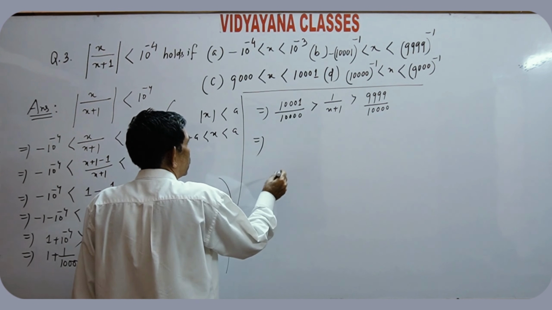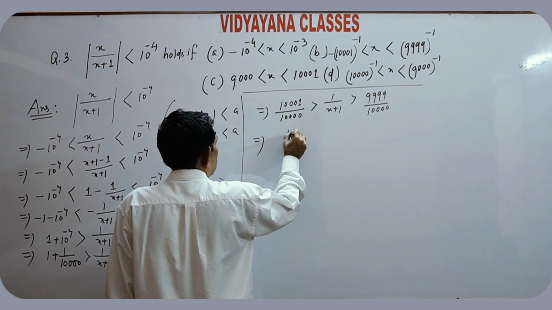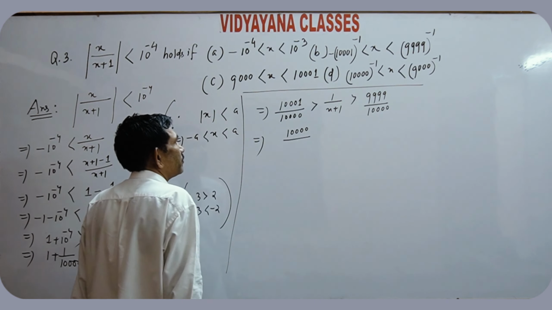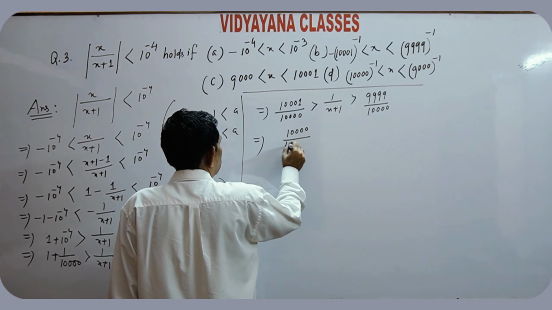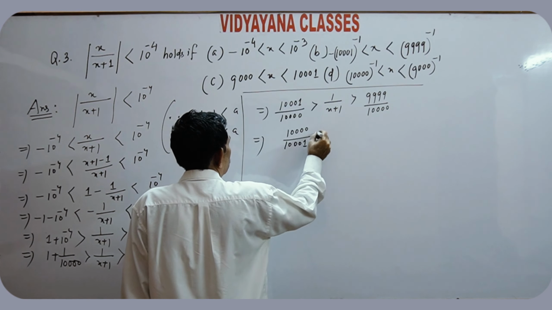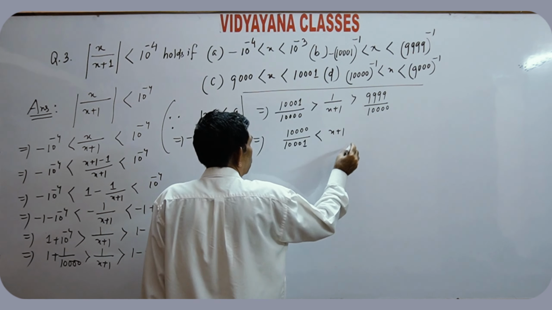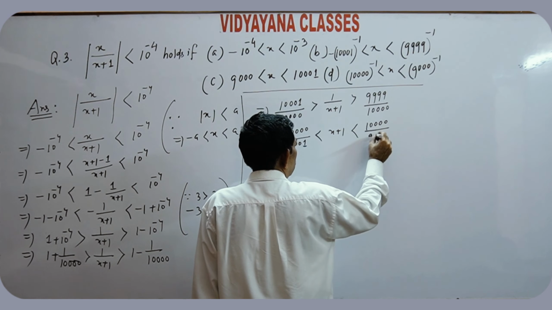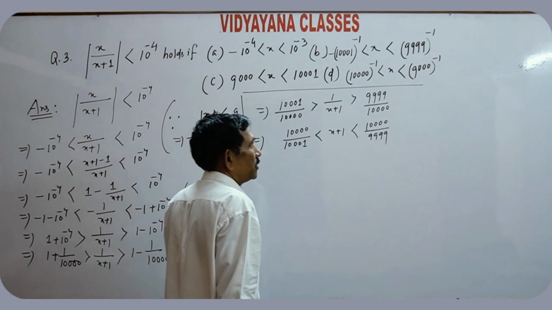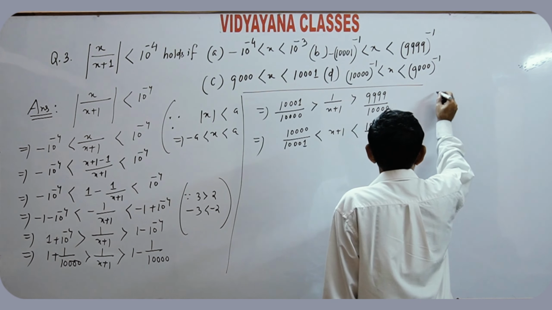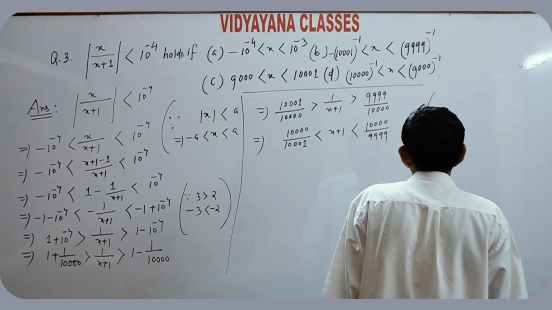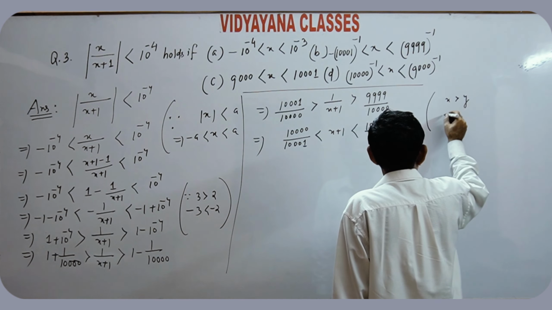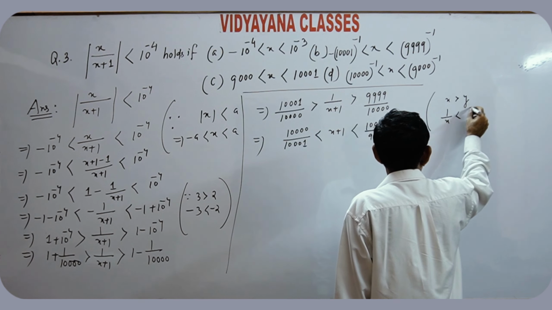Which implies 10,000 divided by 10,001 less than x plus 1 less than 10,000 divided by 9,999. Since x greater than y implies 1 by x less than 1 by y.